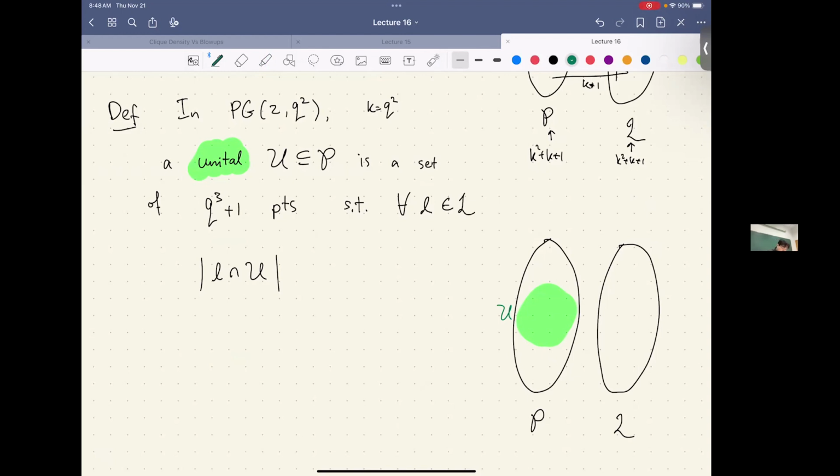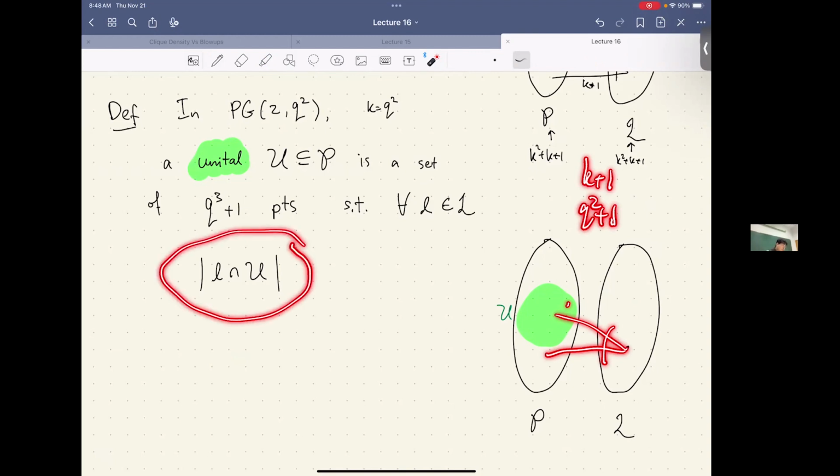Every line previously, what's the degree? The degree previously is like k plus 1 order, right? K plus 1 is q squared plus 1. So every line contains q squared plus 1 points. But if you look at every line's intersection with the unital, it contains either exactly 1 point of the unital, or q plus 1 points.